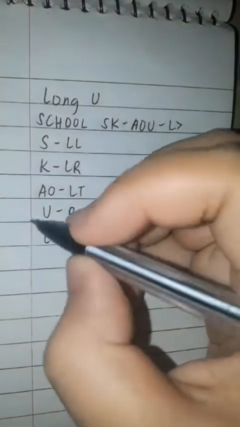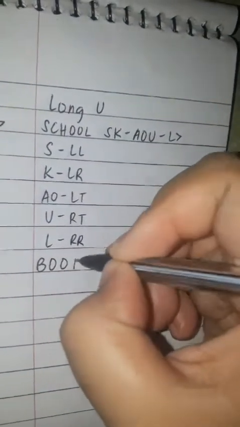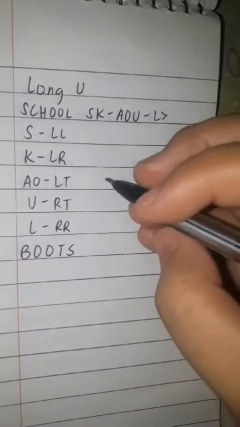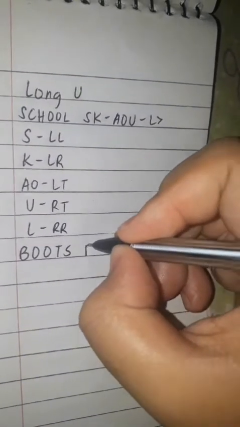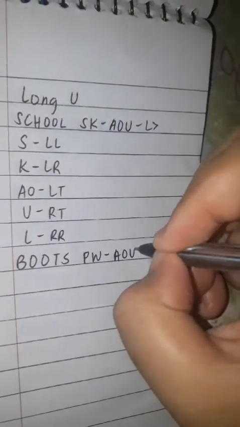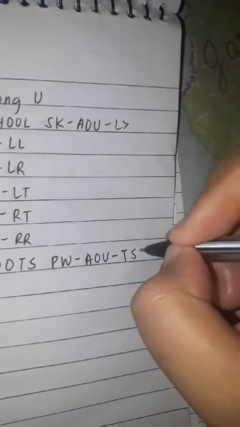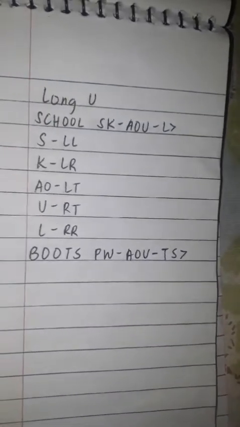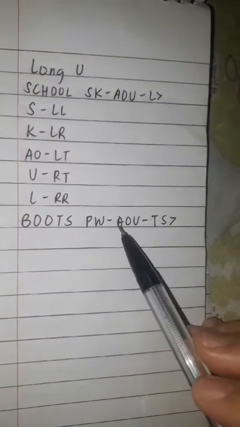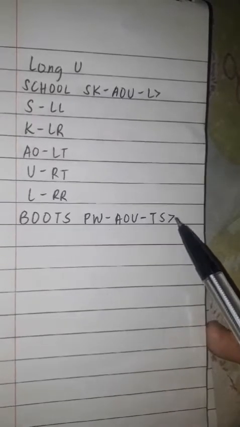So, another example for long vowel U, we have the word boots. So, the codes for this, we have initial letters PW, vowel AOU, ending letters TS, then release.